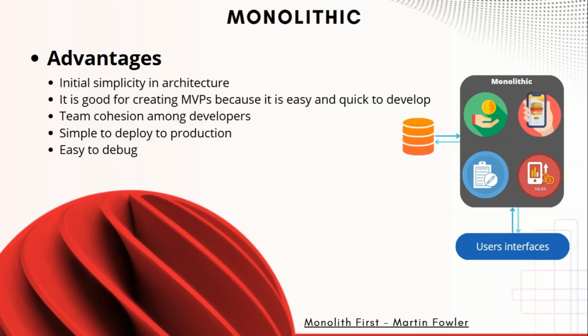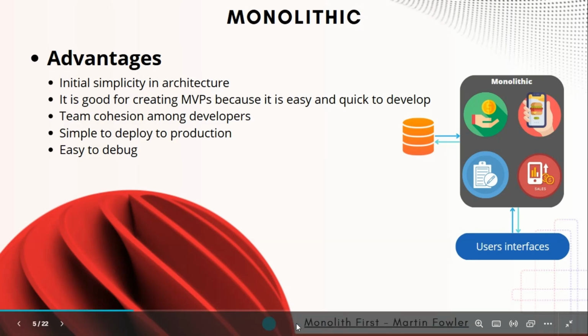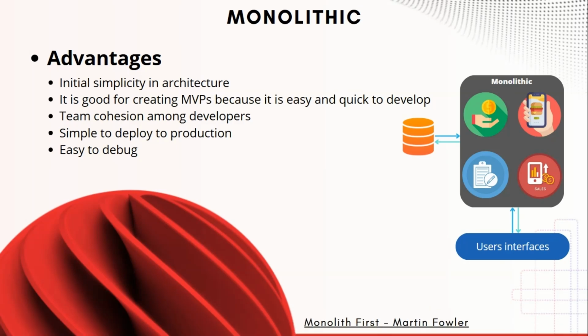It is simple to deploy to production: if you update a feature, the entire application will be ready to deploy. And it is easy to debug because all the features are in one place. Here I recommend Monolith First, a post by Martin Fowler. If you are interested in monoliths, I recommend you read it after this presentation.